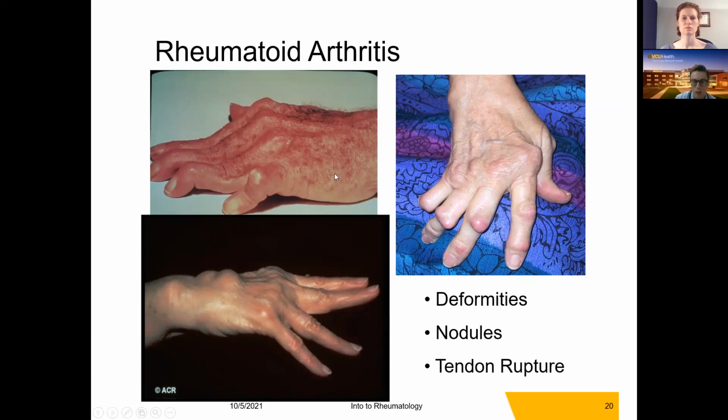You can see a lot more wrist involvement as well. There are nodules, and some of these deformities are caused by tendon rupture. Most of these things we do not see in osteoarthritis, and so they help to differentiate the two diseases. And most of these things we can now prevent with a lot of the modern medications we have, the things I'm sure you see TV commercials for ad nauseum, things like Xeljanz and Humira.